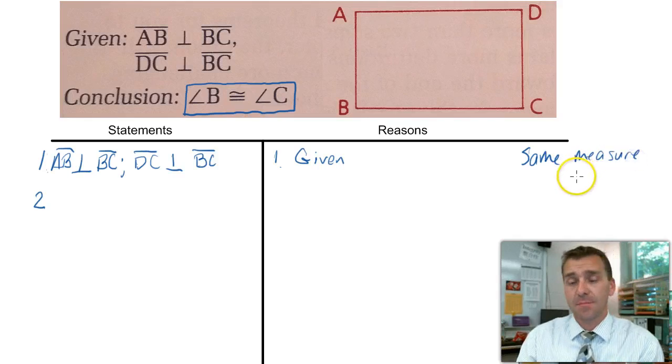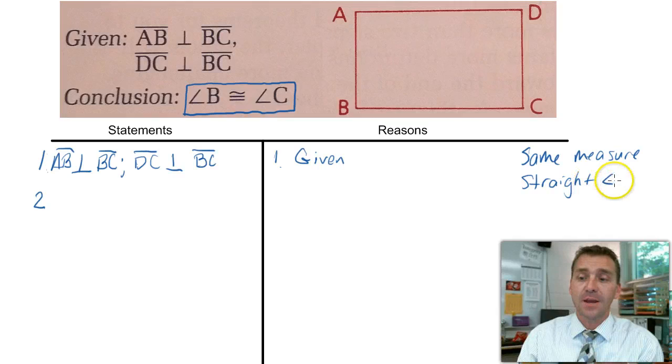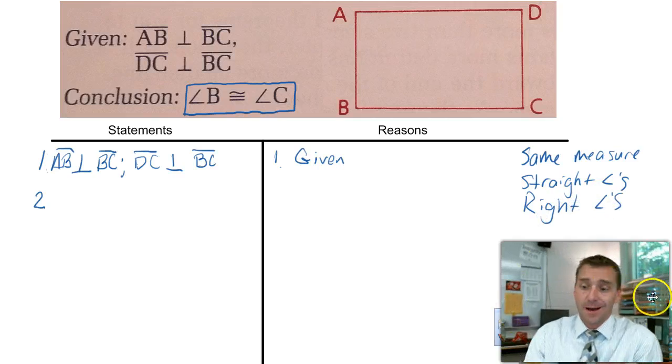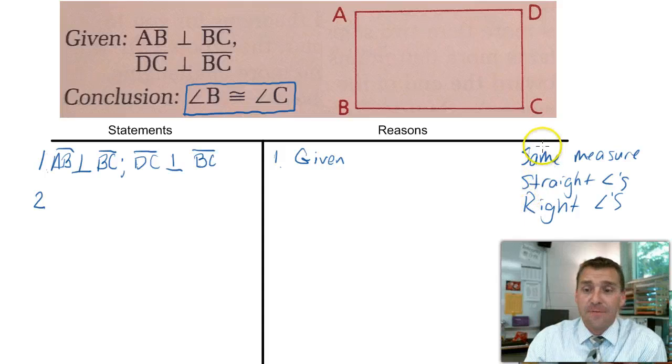If we can show that they have the same measure, awesome, then that'll work. Another way is to maybe show that they're both straight angles. If we can show that both angle B and angle C are straight angles, then we know that they're congruent. The other option is to show that they're both right angles. So are they both right angles? I don't know. That's the thing. If we can show same measure, straight angles or right angles, we know that these angles are congruent.